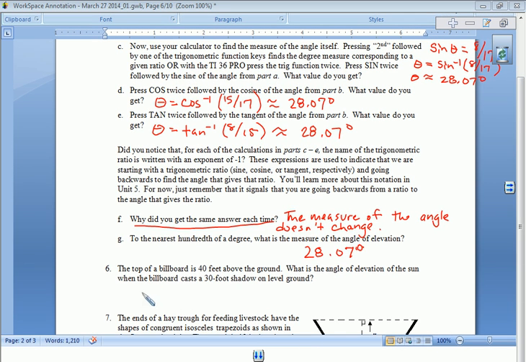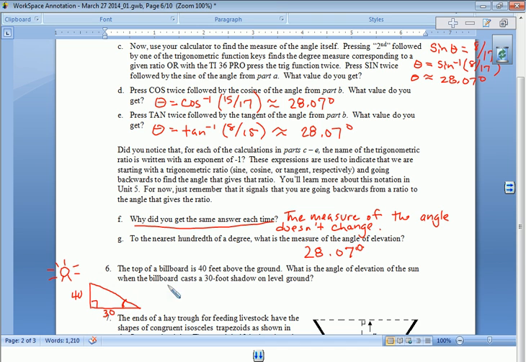Okay, number 6. We have the top of a billboard that is 40 feet off the ground. There's my billboard. We'll call it 40 feet. What is the angle of elevation if the billboard casts a 30-foot shadow from the sunshine? There's your sun and shadow onto the ground here. So what is the angle here?